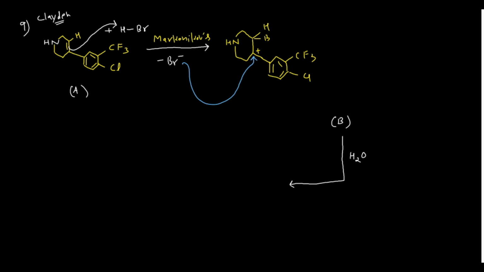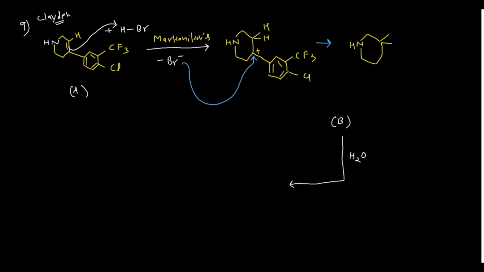So when this Br adds here, you can draw this structure again. My NH, and then this system H here. Sorry, I made a little mistake here. Earlier we already had hydrogen.